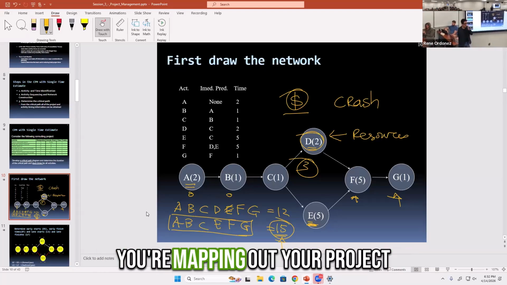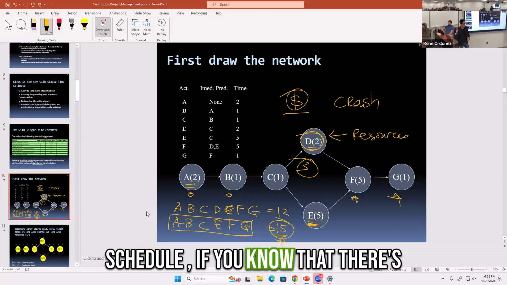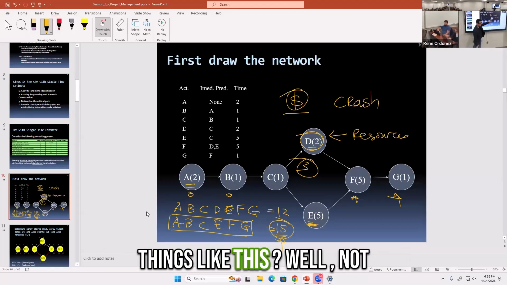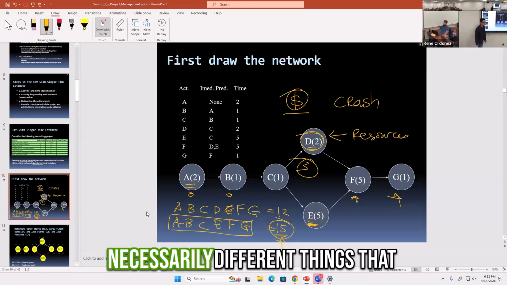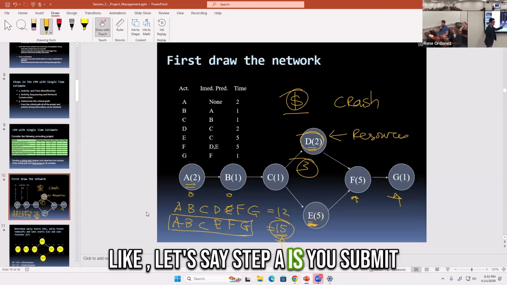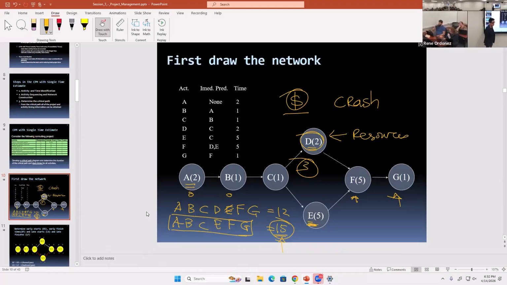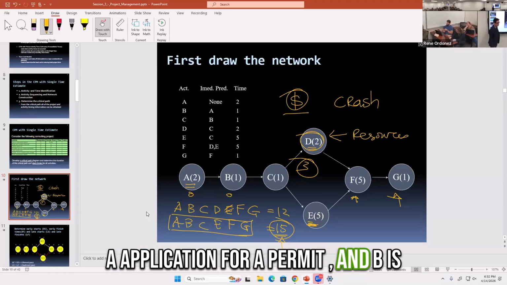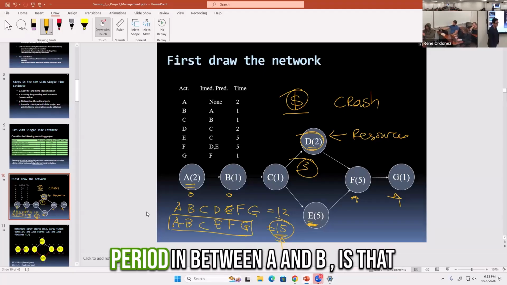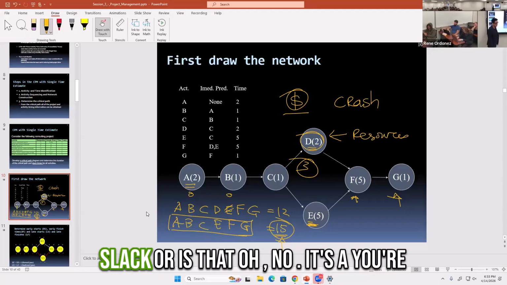But when you're mapping out your project schedule, if you know that there's gonna be a gap in between two of the things, let's say step A is you submit an application for a permit, and B is you implement your permit. That waiting period in between A and B, is that slack?